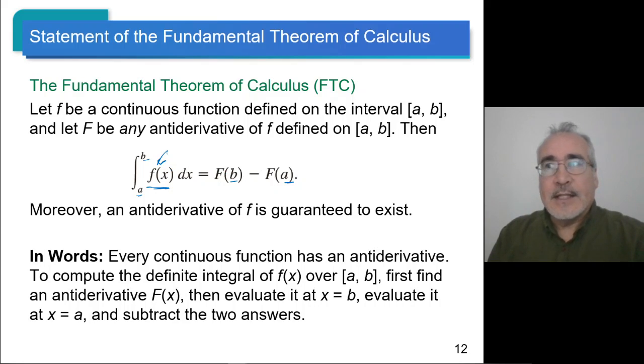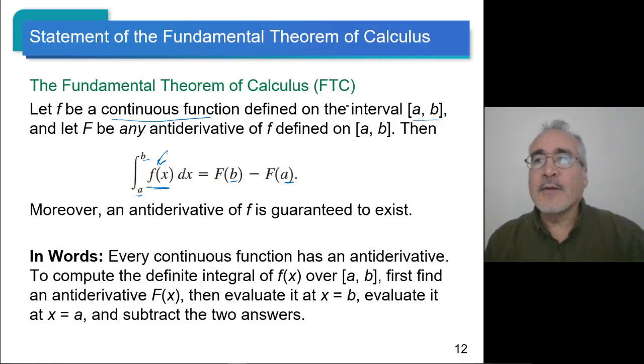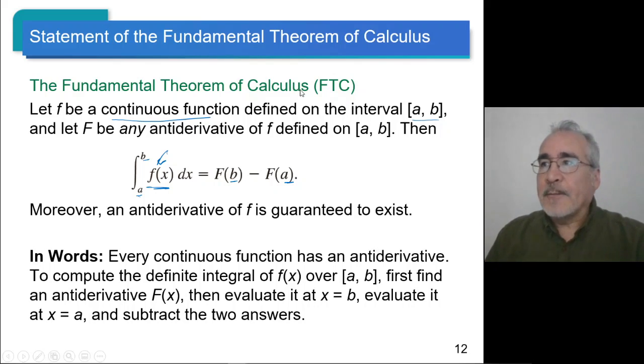Okay, it's not the area under the actual capital F function, it's the area under the derivative function. Okay, and again, some math theory part, if we've got a continuous function and it's continuous on this interval, which means that the graph could be drawn without lifting your pencil, then there will be an antiderivative, and any of them will work.